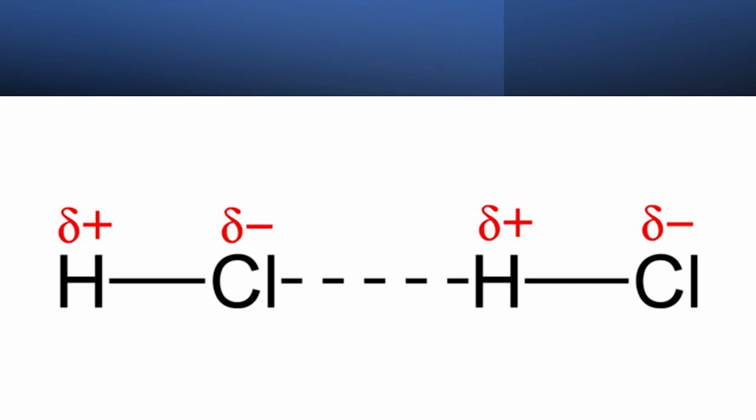You can see that a partial positive charge and a partial negative charge reside at the poles of the HCl molecule. That means partial positive charge on hydrogen and partial negative charge on chlorine. So, there will be an attractive force between the molecules.